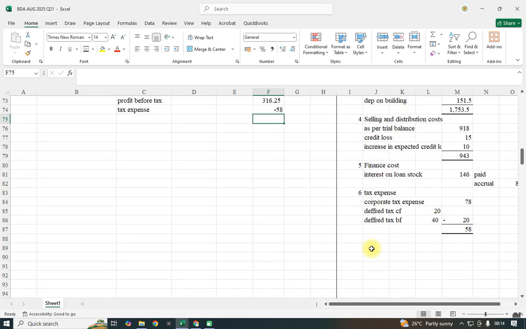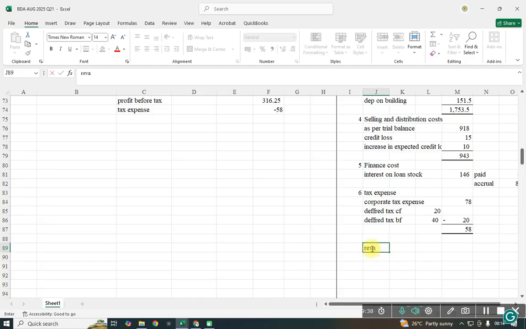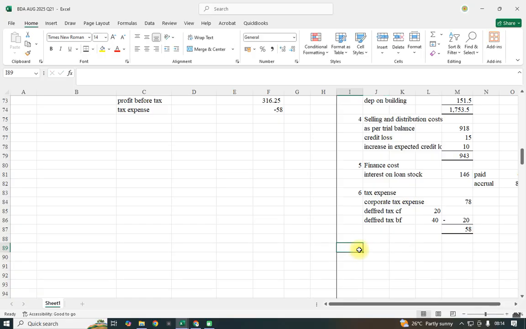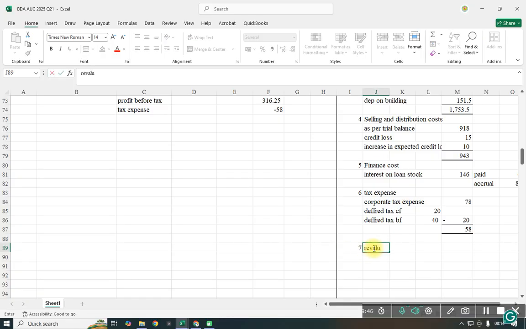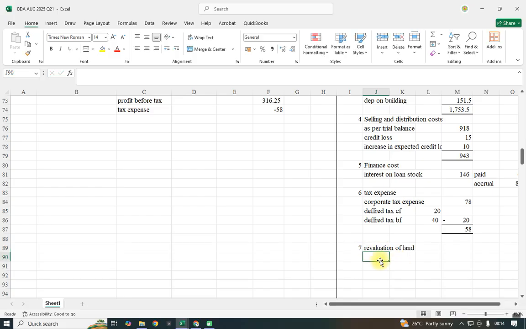So before that, let me calculate revaluation number 7. Revaluation of land, because land was revalued.